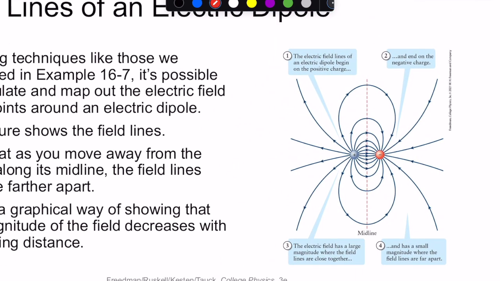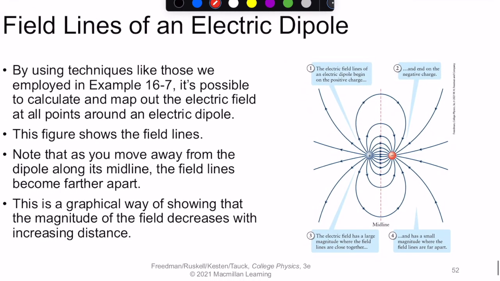So for the field lines of a dipole, we know that electric fields point away from positive charges and go towards negative charges. That's exactly what would happen here. It would point away from the positive charge and feed right into the negative charge. And the farther away you go, you can see that the density gets smaller, and so the E field gets weaker. The closer you are, the stronger the electric field is.